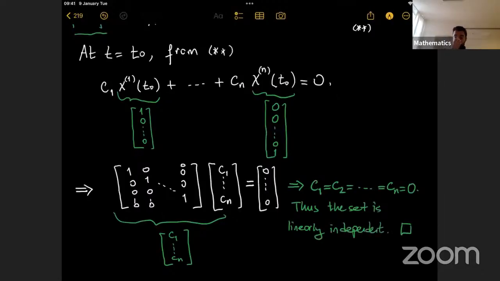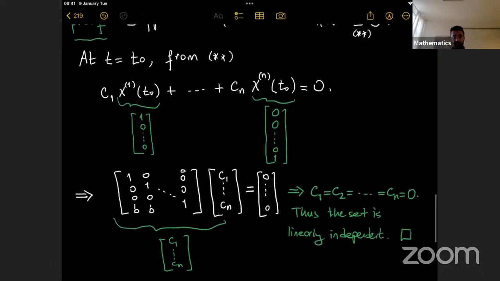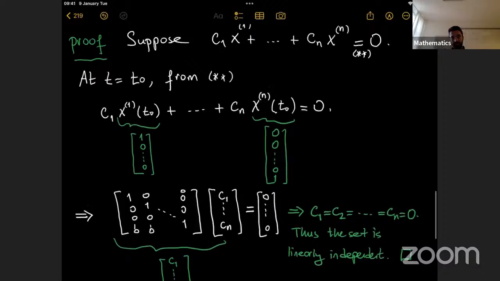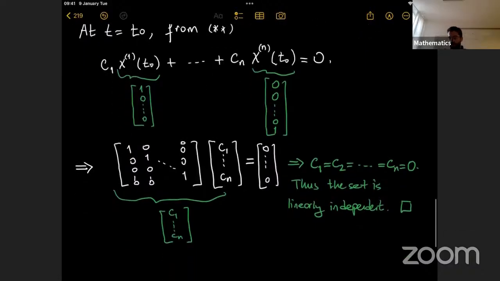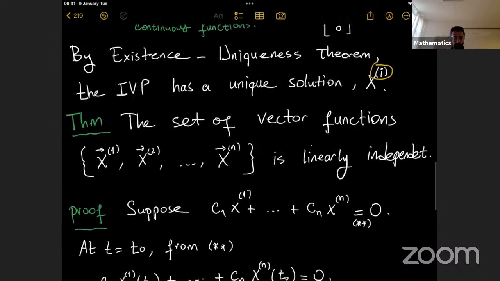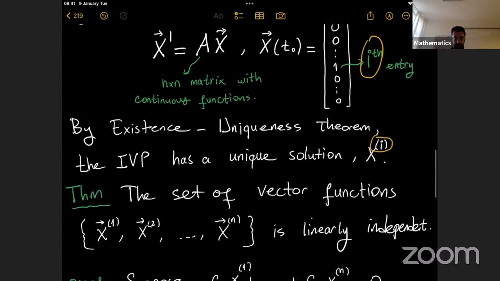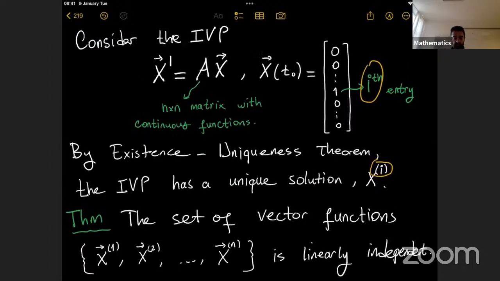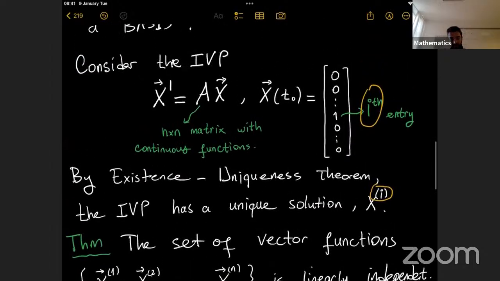Any question with this? Is it clear at all? All right, so now we have n solutions to the differential equation, the system of ODEs, this one.